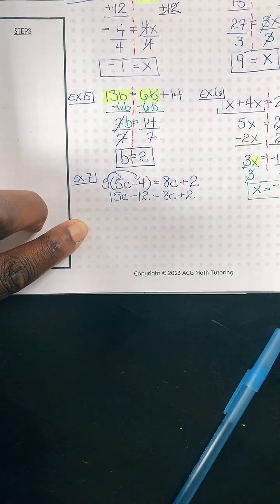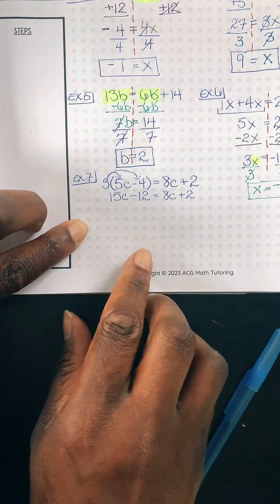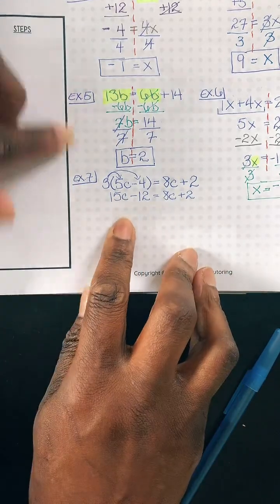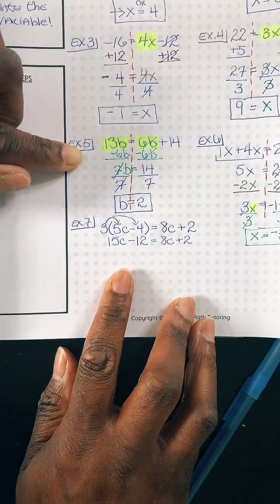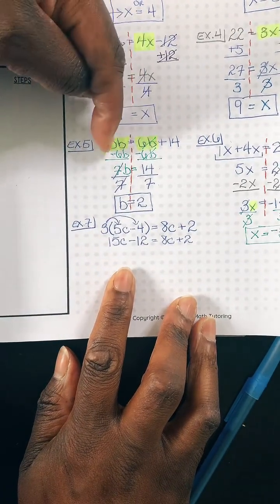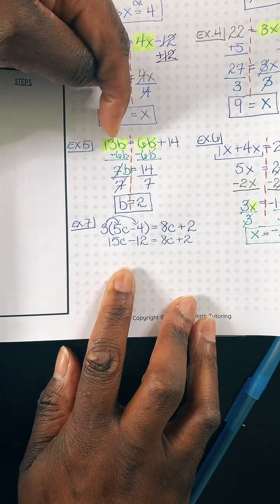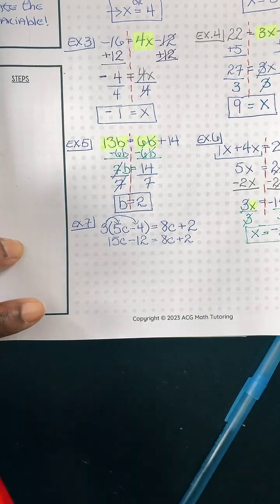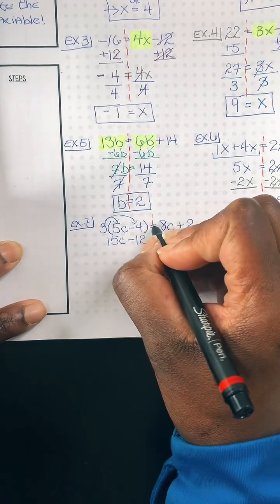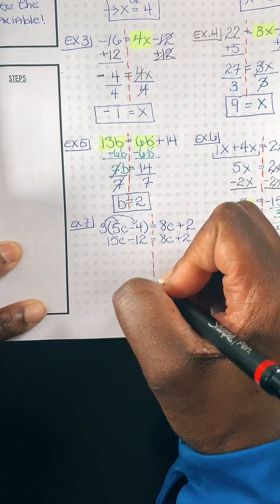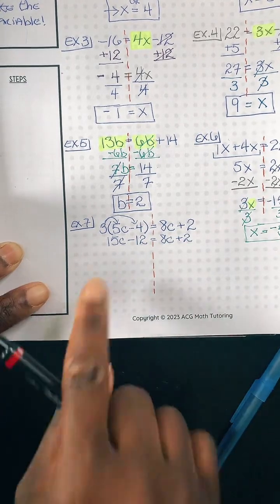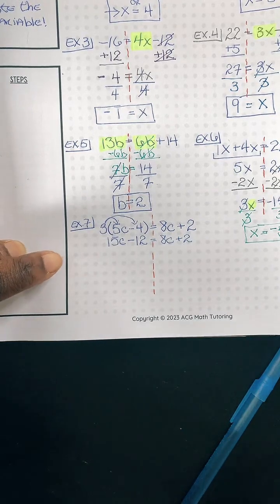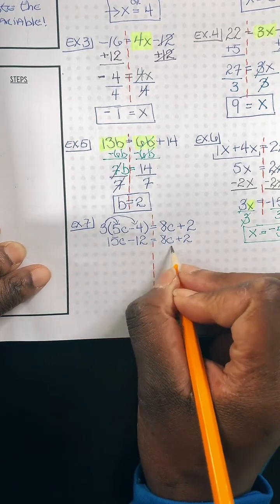So now, after you do that, just like what we did with the other ones, we want to get our variables on one side, just like how we did for number 5. We subtracted the 6b's to come over to the 13b. You can do the same thing here. Remember, it's almost like a club. There's a wall. 15c is like, look, you need to make a decision. So this 8c, it's positive.